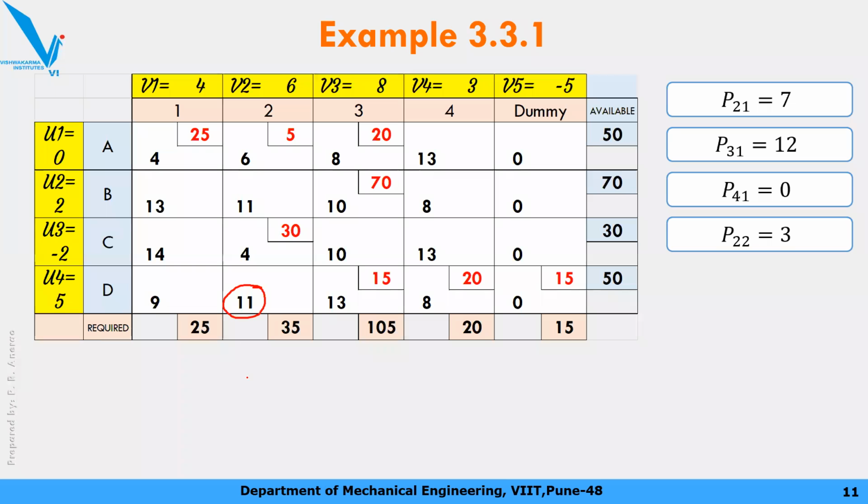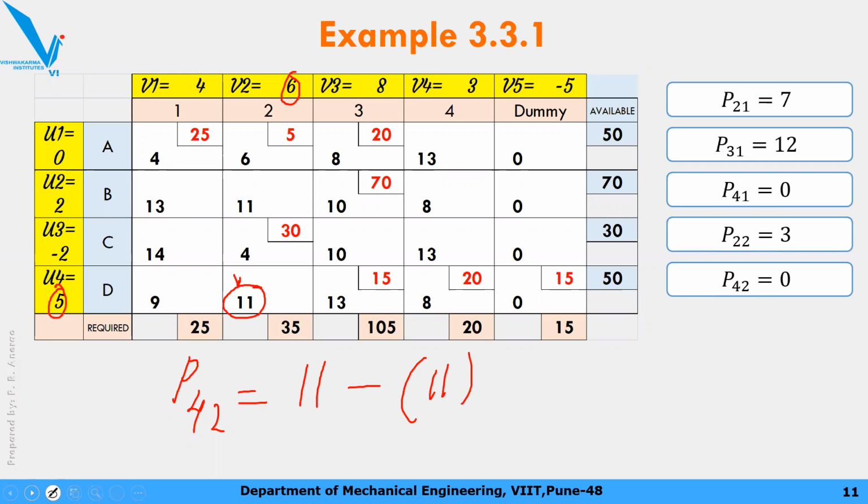Now I'll calculate the improvement index at this location. The improvement index at row number 4, column number 2 equals the cost there, 11, minus the summation of U and V. So that is 5 plus 6, 11. So again P42 is 0. No gain, no profit.